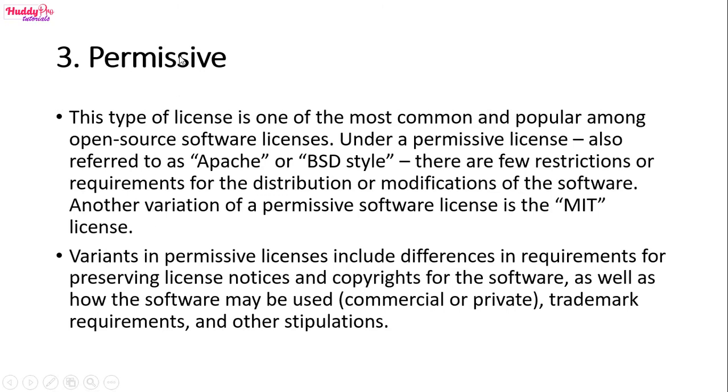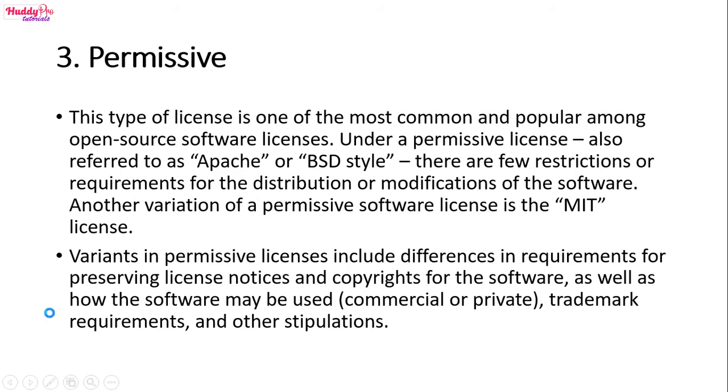Now, still, as you have noted, the permissive license has several variants. These include differences in the requirements for preserving license notices and copyrights for the software as well, as well as how the software may be used, whether commercial or private, trademark requirements, and other stipulations.